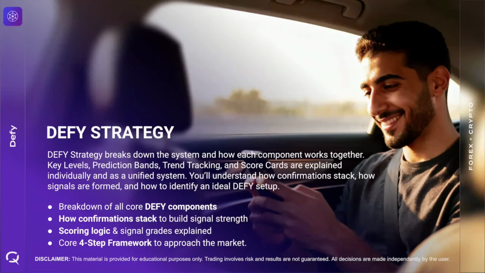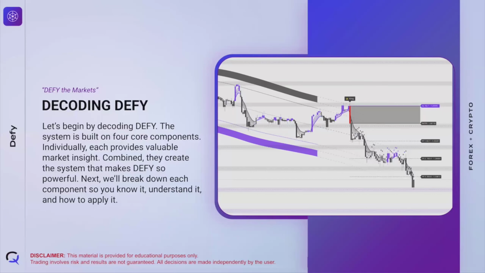This way, you'll be able to understand how the confirmation or the confluence stacks, how the signals are formed, and how to identify an ideal DeFi setup. You're going to be able to cover the breakdown of all the DeFi components, how the confirmations build the signal strength, the scoring logic, and the 4 setup framework to be able to approach the market. Now let's jump into it.